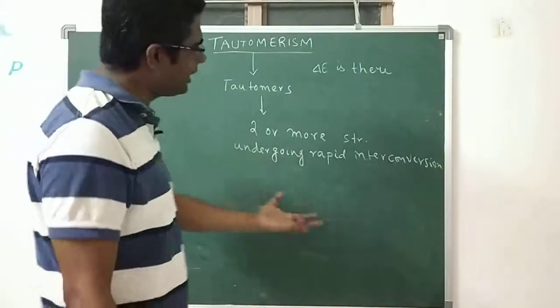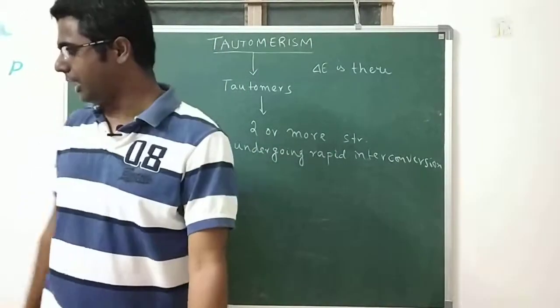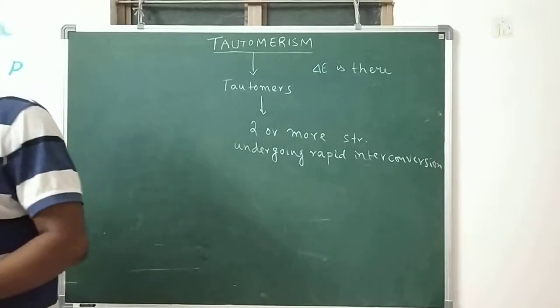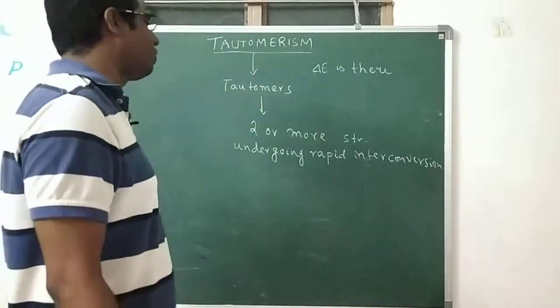Okay, so two or more structures, you should have pen and copy in hand. So at ordinary temperature these are undergoing rapid interconversions. That is tautomerism, and the structures which are showing tautomerism are called tautomers.